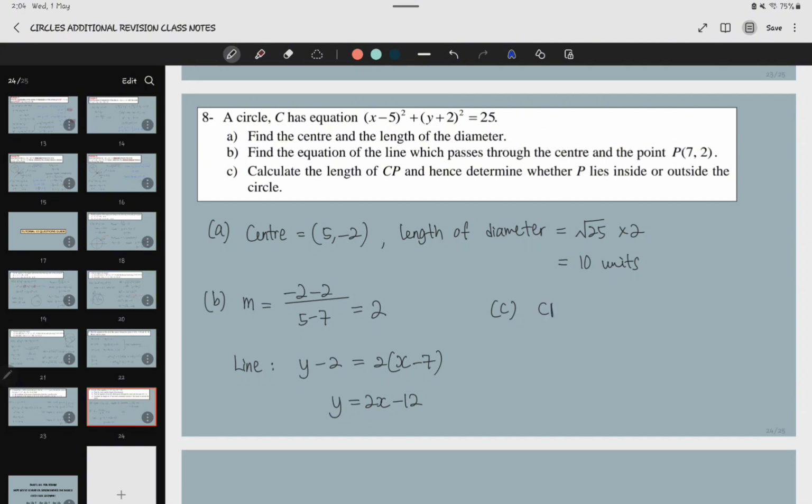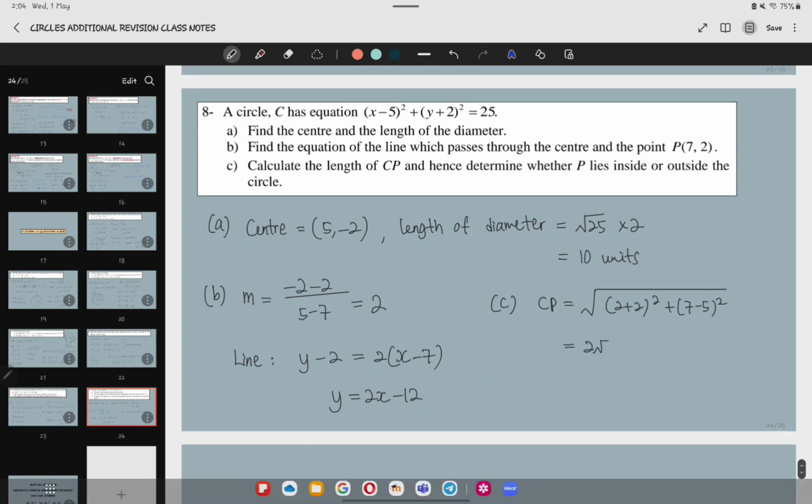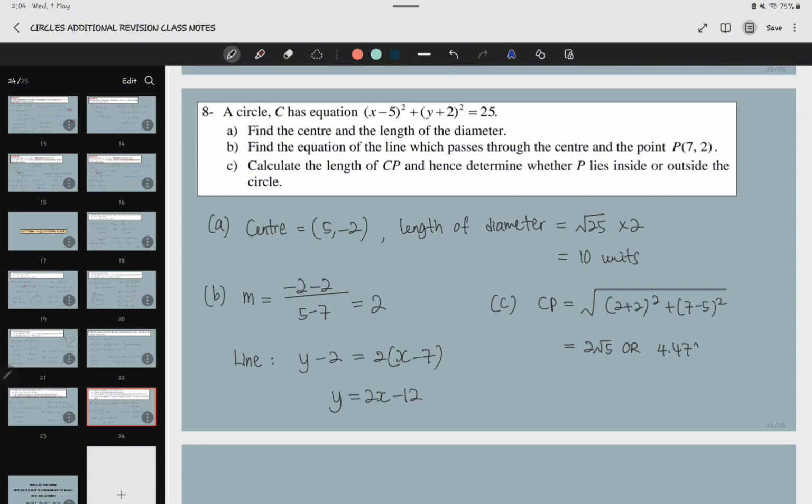And then lastly for C, calculate the length of CP. So CP is square root of (7 minus 5) squared plus (2 plus 2) squared. You will get 2 root 5 or 4.4721 units. So you can see that the length of CP is shorter than the radius.